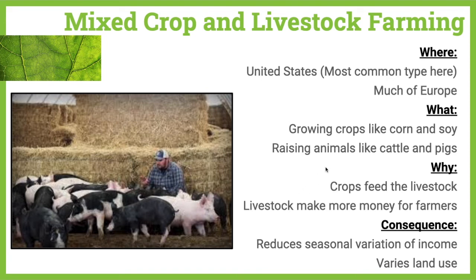Okay, a lot of people don't realize that much of that corn and soy, while much of it does go into our food, a lot of it is actually being used to simply feed the cattle or pigs or whatever livestock is being raised on that particular farm.